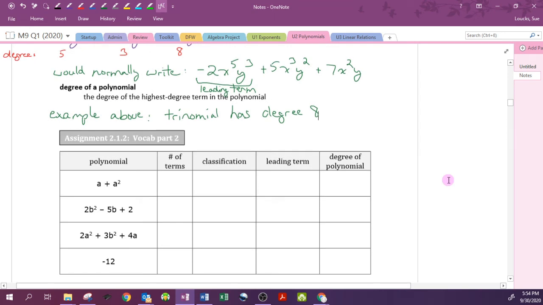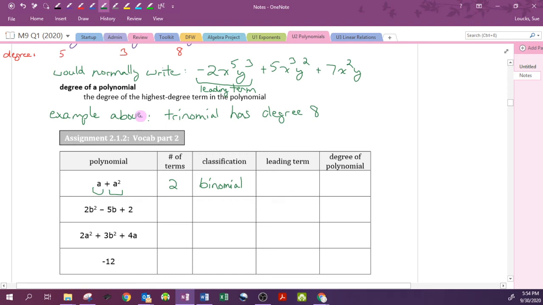This is a polynomial. It has two terms, a and a squared, because they're connected by addition. Classification means, is it a monomial, binomial, trinomial? So this is a binomial. And if we had one that had 4 or more terms, we would just call it a polynomial.